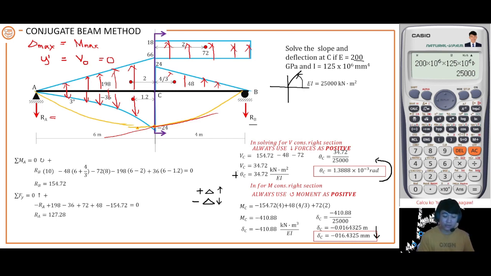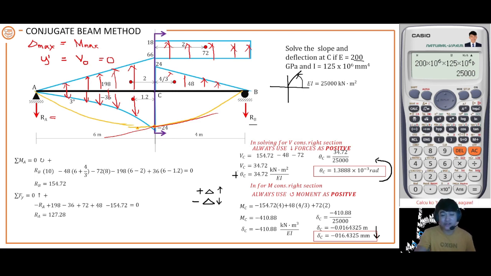So in converting, make sure to look at the supports, okay, and then the load of your real beam will not be the load of your conjugate beam. First, you have to draw the moment diagram by parts of your real beam. Then after that, the moment diagram by parts will be the load of your conjugate beam. So I hope you understand the concept of the conjugate beam method.